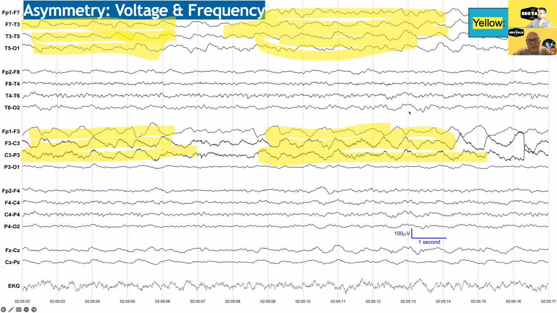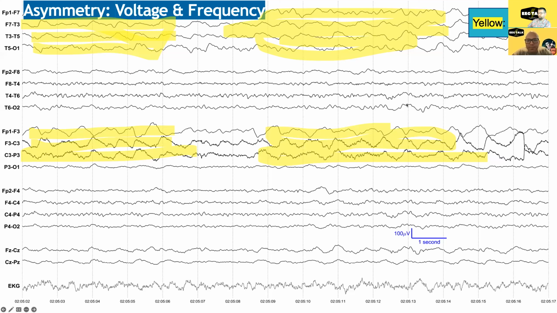So I would say on the left, there's focal, actually rhythmic delta slowing, with markedly slower frequency and markedly larger amplitude on the left compared to the right. And then as a separate finding, on the right there is mixed theta, and to a lesser extent, delta slowing.